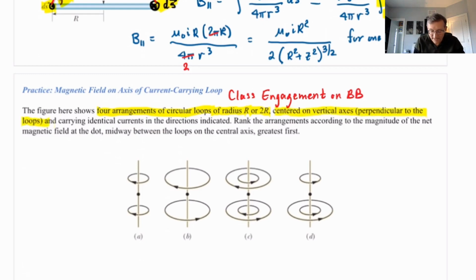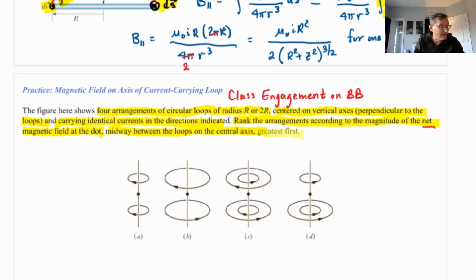And they're all carrying identical currents in the directions indicated by those arrows. Our task is to rank these arrangements according to the magnitude of the net magnetic field at that dot. See where the dot is? The dot is exactly midway between the loops on the central axis.